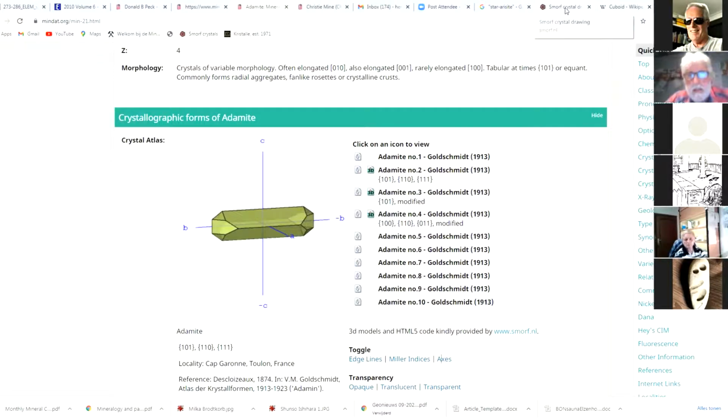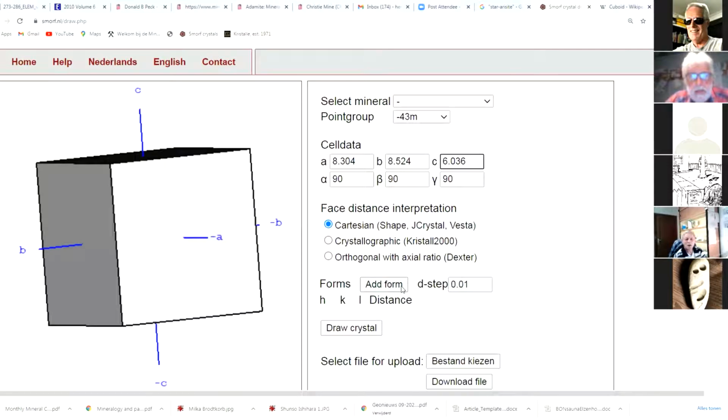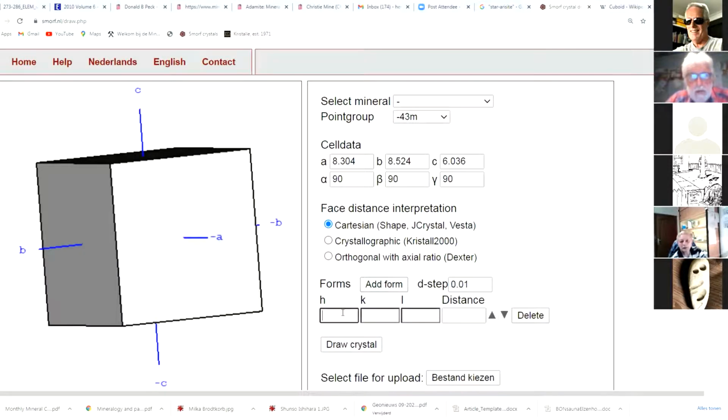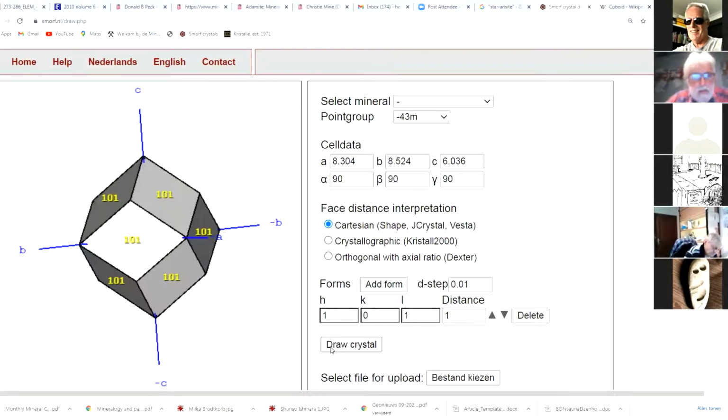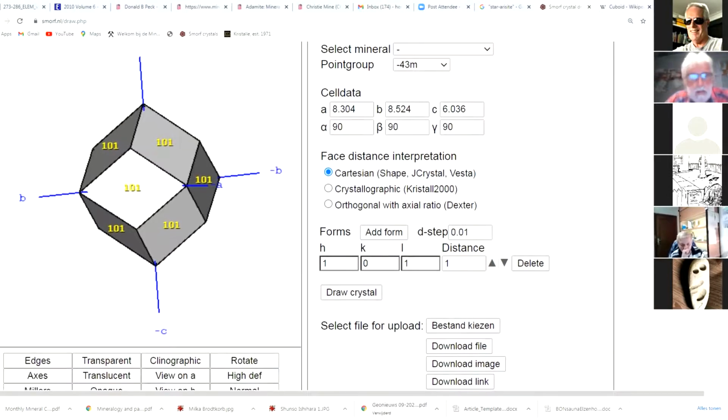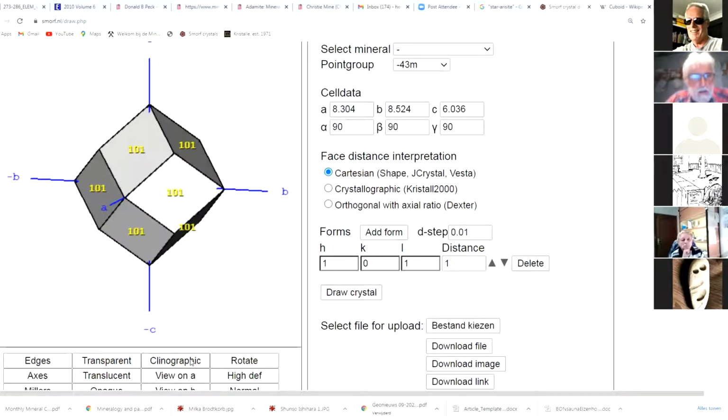So let's try and see. We click on add form and we click on 1, 0, 1, distance 1. Click on draw crystal. And this is what we get for Adamite. Let's orient it. This actually shows, well, it looks like an isometric rhombic dodecahedron.